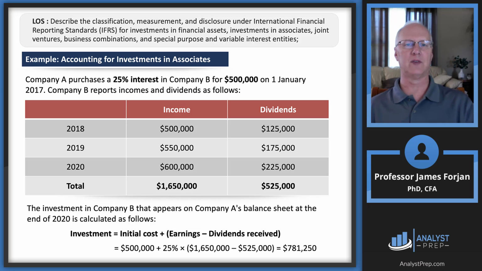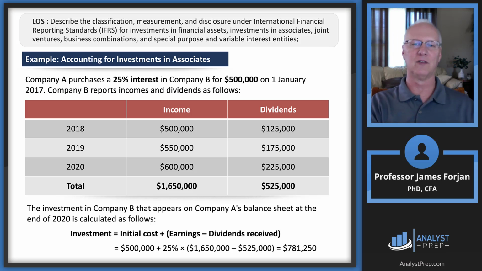And so you get the sense here, accounting for investments in associates is of course based on the initial investment, but then it's based on, boy, you ready for this? I learned this from reading and rereading Modigliani and Miller back in 1958.